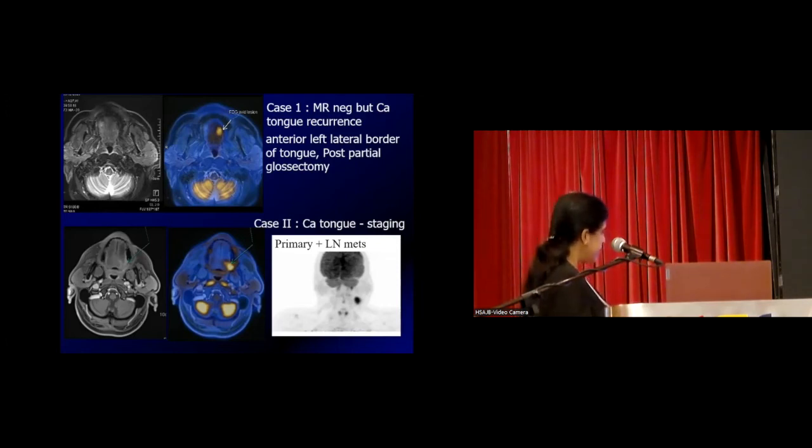The next case is also a patient who has come to us for staging, and you can see that the PET-MR imaging clearly localizes the site of the primary in the left side of the tongue, posterior part of the tongue, and also in the MIP image you can see that there is a lymph node which I have not shown here, but it is a patient with a highly localized disease and only one of the nodes in the left side of the neck being positive for malignancy.